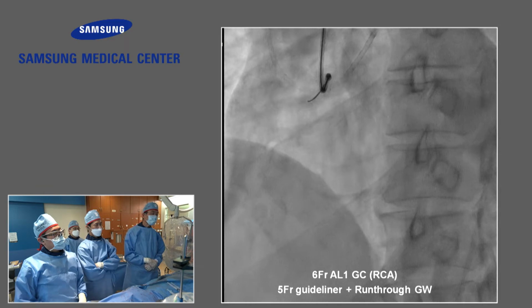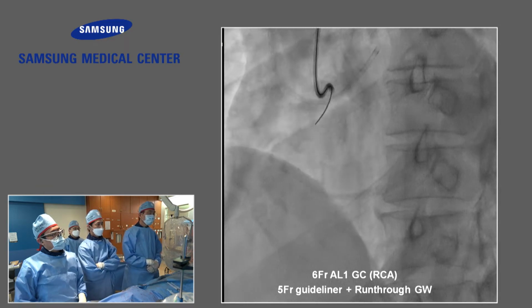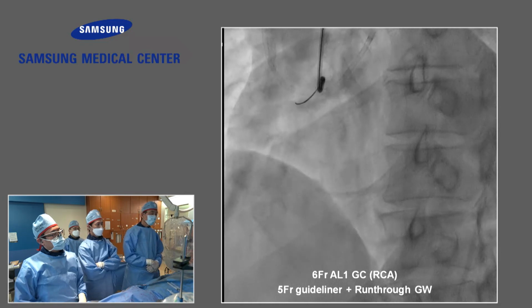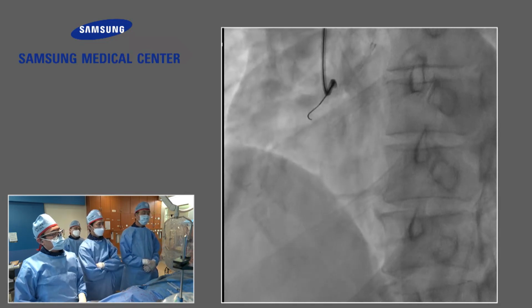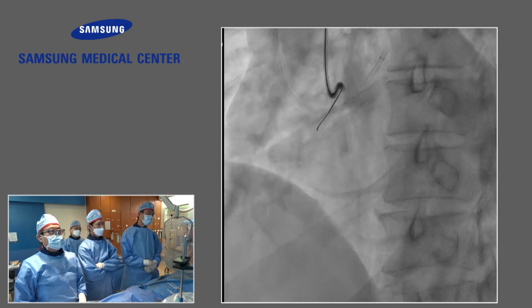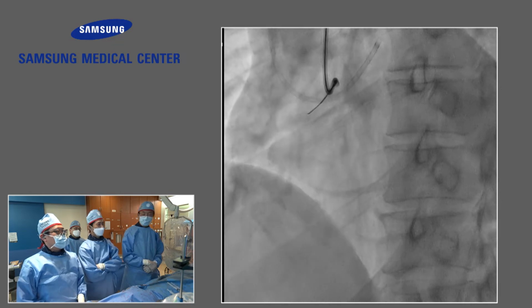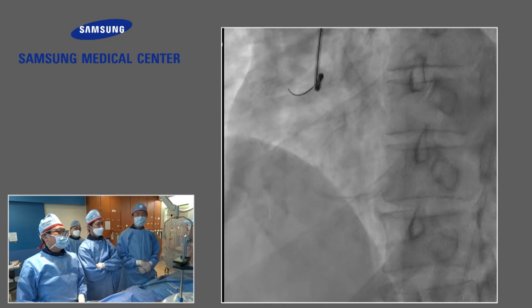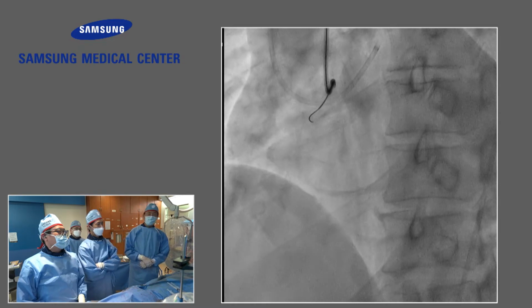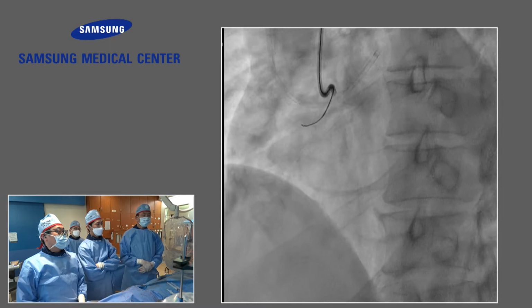Next. So AL1, 6 French guiding catheter, and the Corsair without extension guiding. Then use the Ultimate UB3 wire, the wire you don't like. Actually, our plan is to use the UB3. Then we have a very nice wire, Asahi Gaia Second.